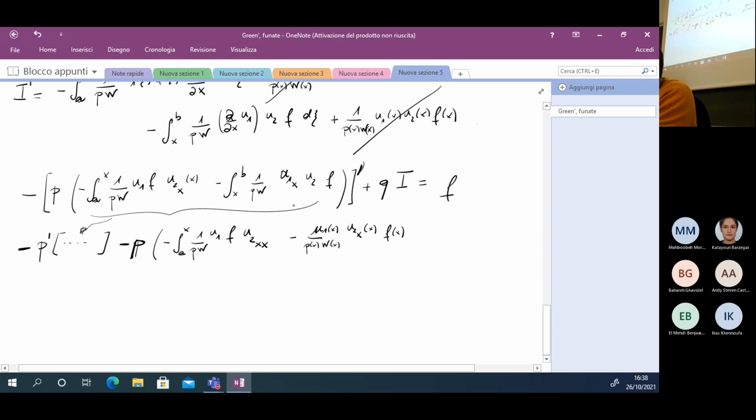And now I have the derivative of the second piece, which is minus the integral from x to b of 1 over p w u1'(x) u2 f.